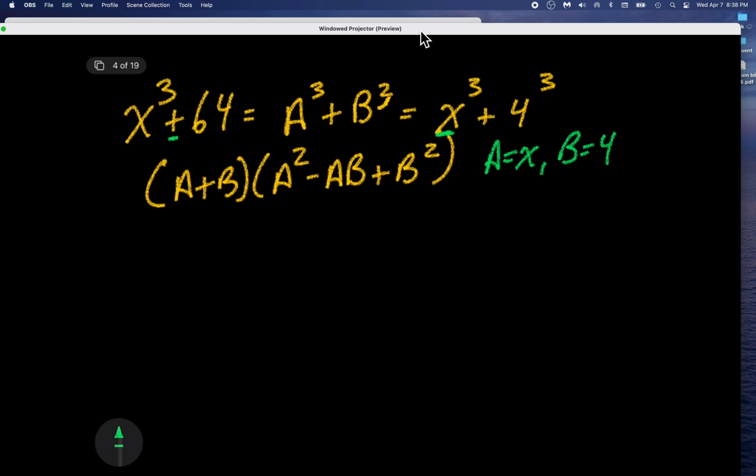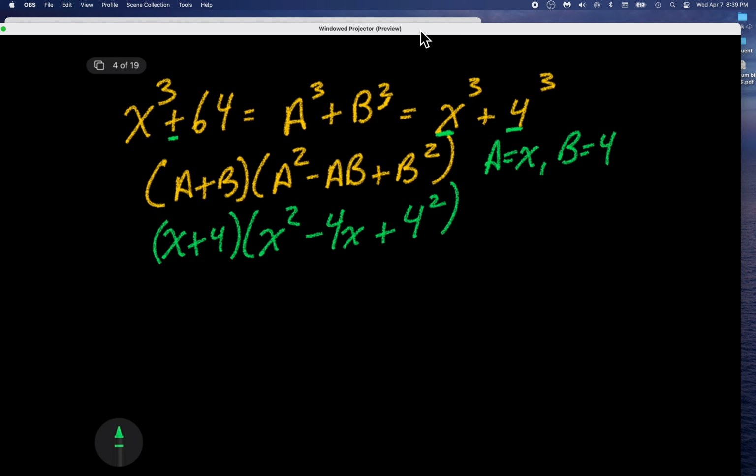Okay, a cubed plus b cubed. So we're going to have x plus 4 times x squared minus 4x plus 4 squared, and our final answer is going to be x plus 4 times x squared minus 4x plus 16.